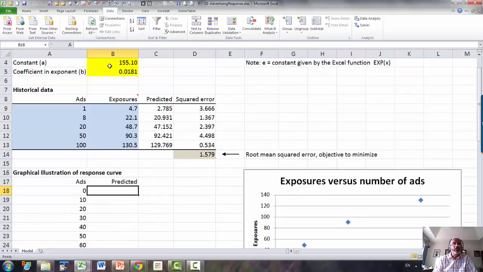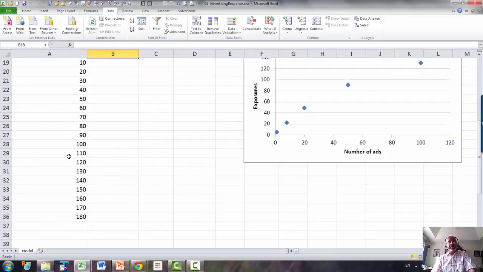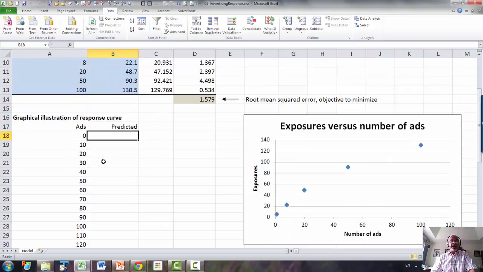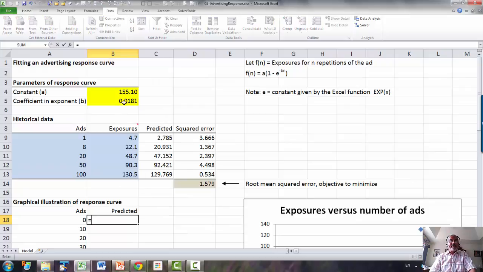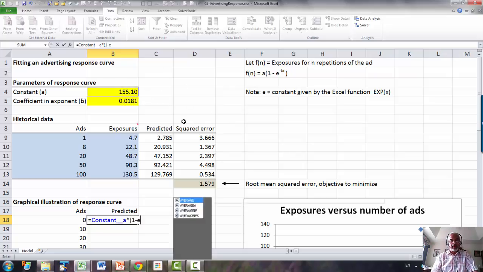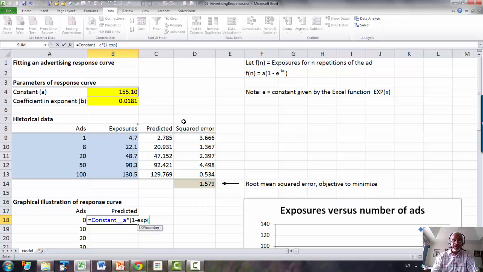Now we can set up the predicted values for all of these different ad numbers and then see how that would look. So predicted would be A times (1 minus exp of minus B times the number of ads), and then we need one more right parenthesis.